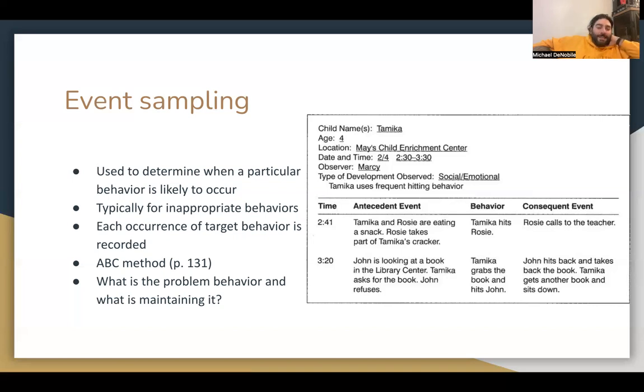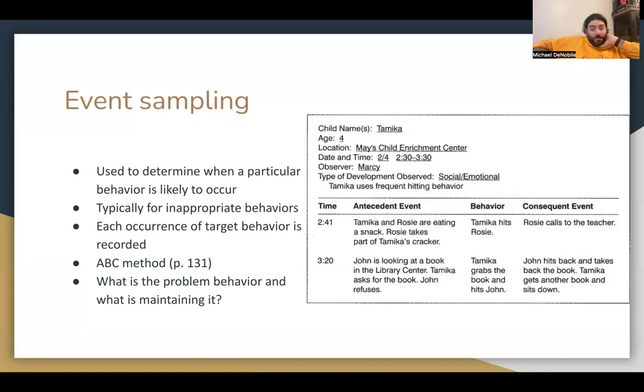So as we see in this event sampling, now here's interpretation and commentary outside of the actual record. What we see here is that Rosie responds inappropriately when she feels that things are being done to her, even if it's legitimate.